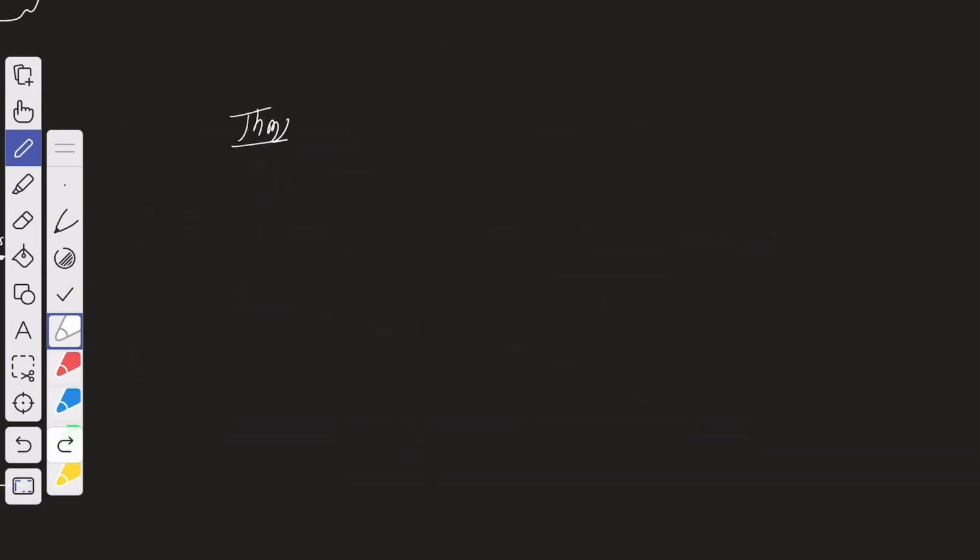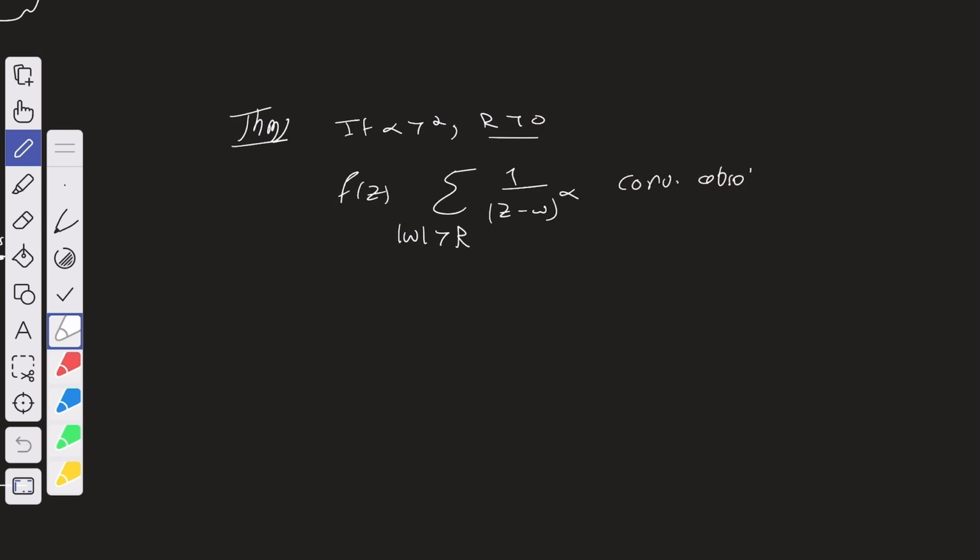And as a corollary to the lemma that we just proved, we're going to prove that if alpha is strictly bigger than 2 and r is positive, then the series, the sum over 1 over (z minus omega) to the alpha, if we sum over all the omegas on the lattice that are strictly bigger than this given positive number, let's call this f of z, converges absolutely uniformly on the disk |z| less than or equal to r.